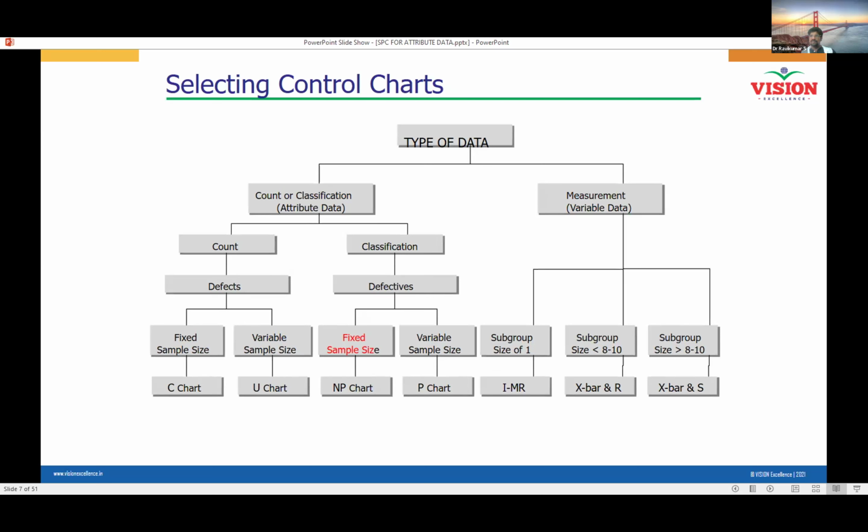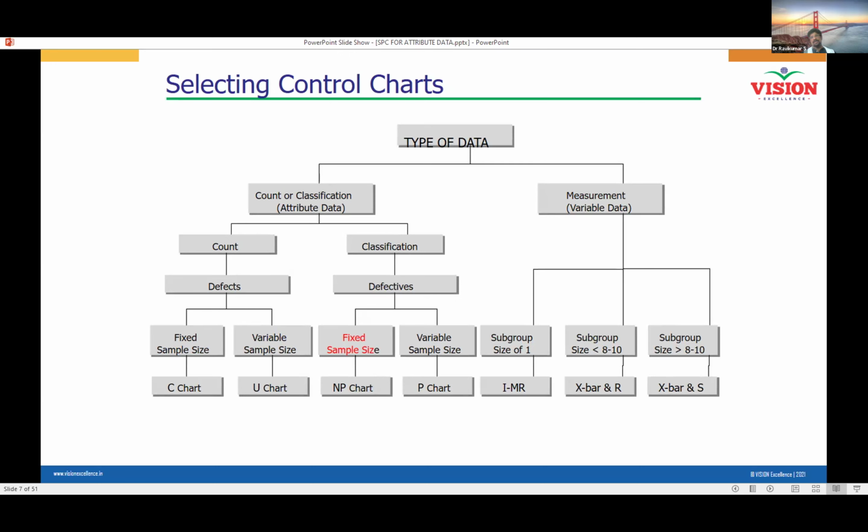Suppose you want to know in which period the defectives are more, in which period the rejections are more, then you can go for a defectives chart. So you can choose the right type of chart depending upon your process need. In both these cases, you are going to deal with numbers only, not continuous data.